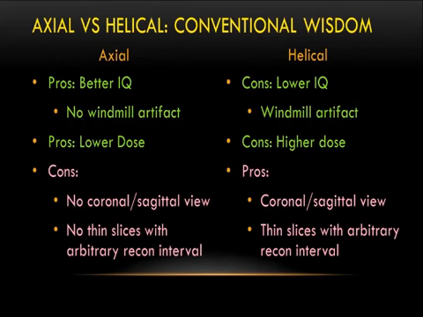So the conventional wisdom is axial scans are better in image quality, and they are lower in dose, but you cannot do coronal and sagittal recons, and you cannot get thin slices retrospectively at an arbitrary slice. Okay, in my mind, the question boils down to how averse are you to exposing the lens, and how tolerant are you to the artifacts, and how much you love sagittal and coronal recons. Okay, it's a judgment question.